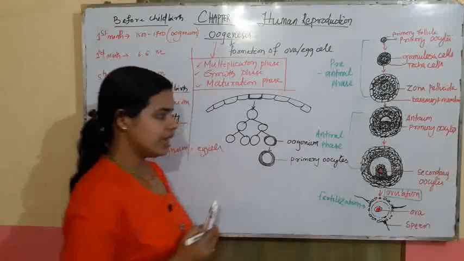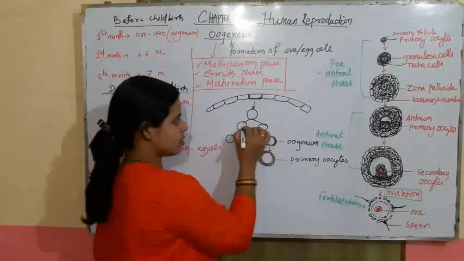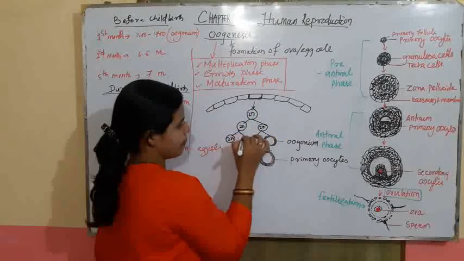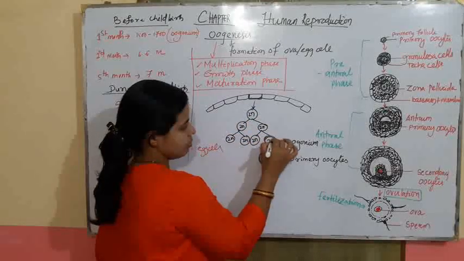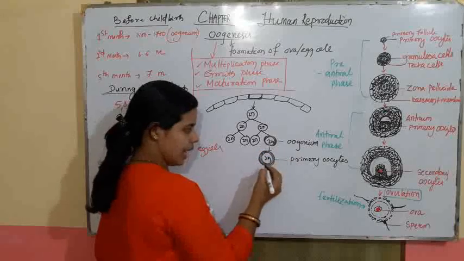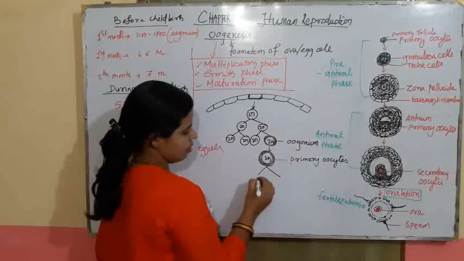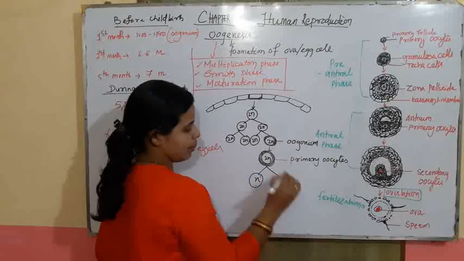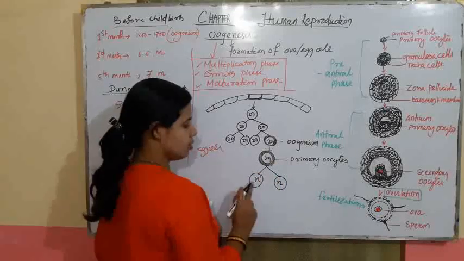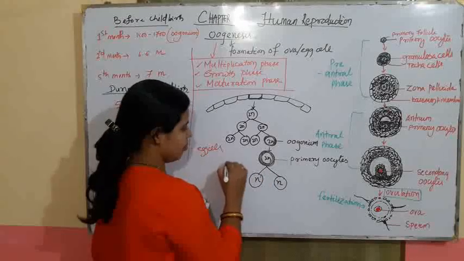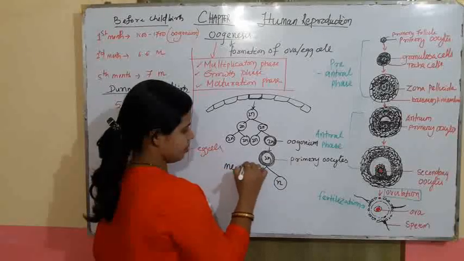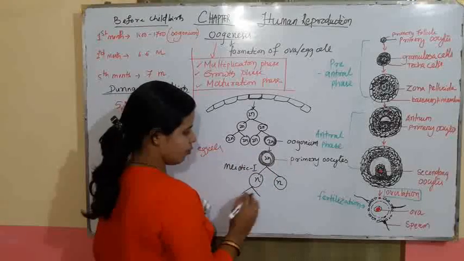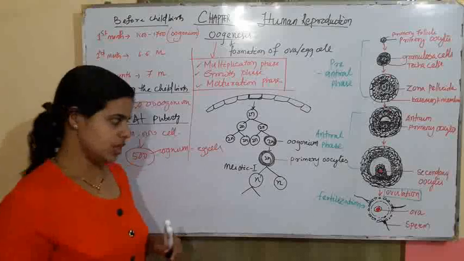These primary oocytes are diploid. Now they have to undergo meiotic division to form haploids, right? This is meiosis 1, and then again meiosis 2.